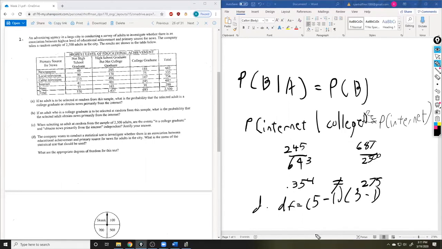Yes, that is 4 times 2 is 8. Number of rows minus 1, multiplication, number of columns minus 1.